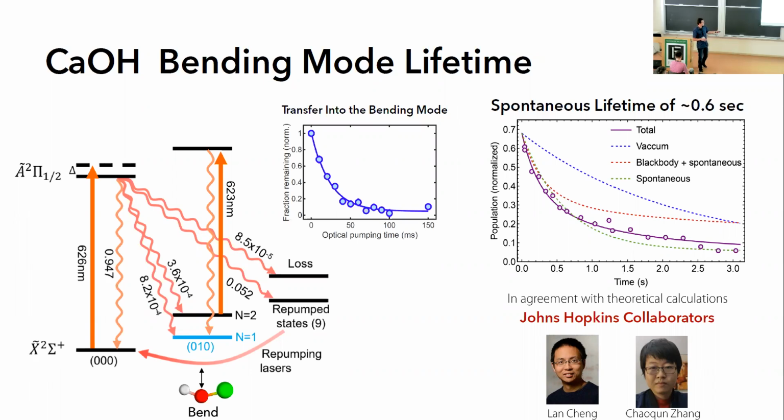But we've characterized this quite carefully, and we find that the spontaneous lifetime of this state is on the order of about 600 milliseconds or so. So this looks quite promising for future quantum simulation or quantum computation applications, because this lifetime at least should be significantly longer than any gate times you might have.